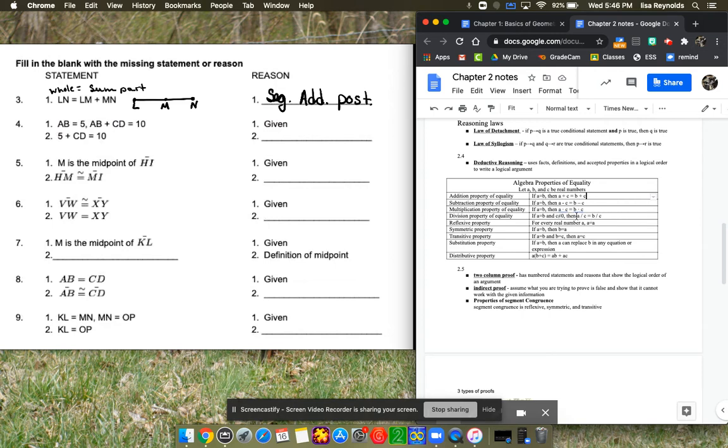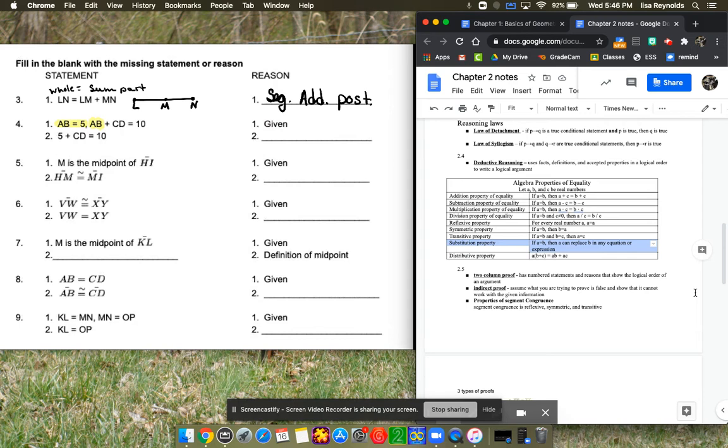My next part that I can look for is I can always check substitution. Substitution requires that I start out with an equal statement. So when I look, I start with an equal statement. Substitution usually will also work with some sort of calculation that has one part of that, and then we are going to replace.